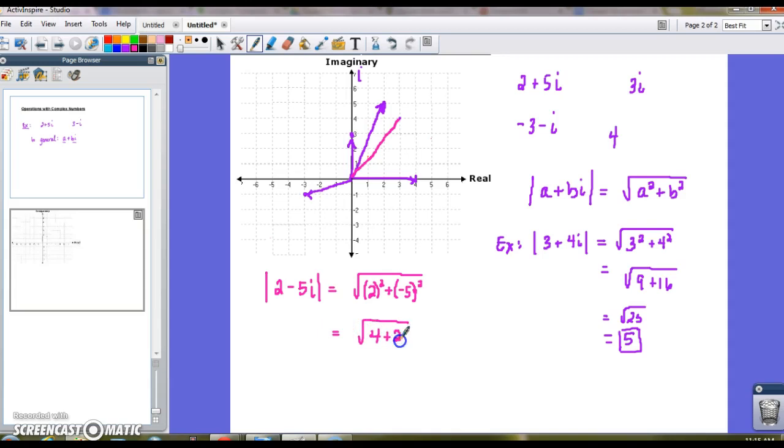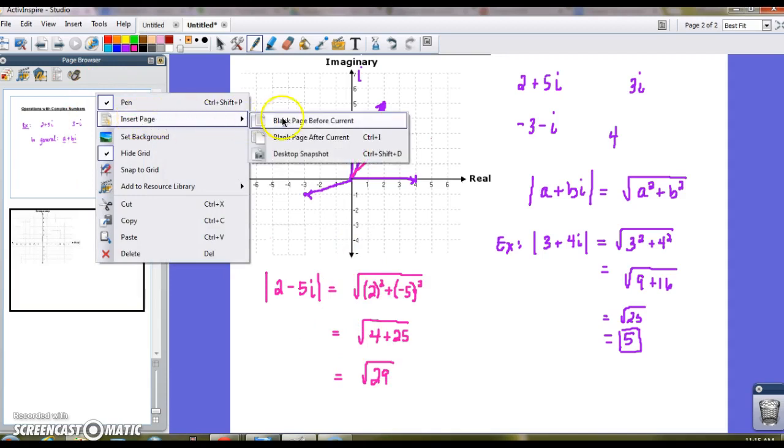So you should never have negative numbers under this radical when you're doing this. Ever, ever, ever. Okay, and then add them up, you end up with the square root of 29. You can't simplify that at all, so you're going to leave it exactly as it is. Sometimes you can simplify it, sometimes you can't.